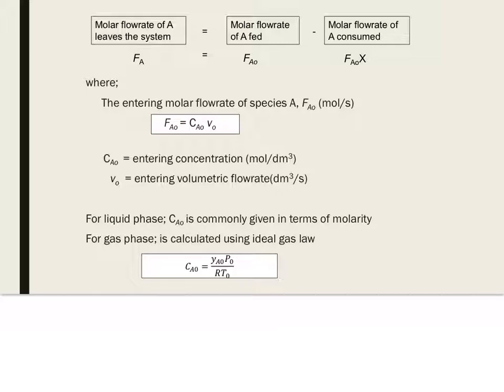Here, YA naught is the mole fraction of A, P naught is the initial pressure, R is the gas constant, and T naught is the initial temperature.